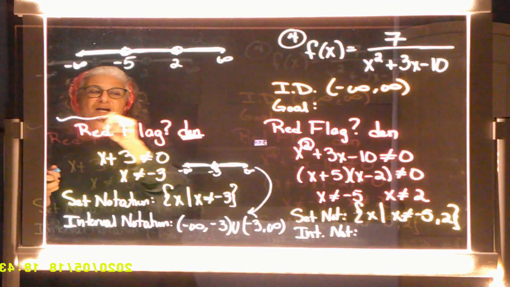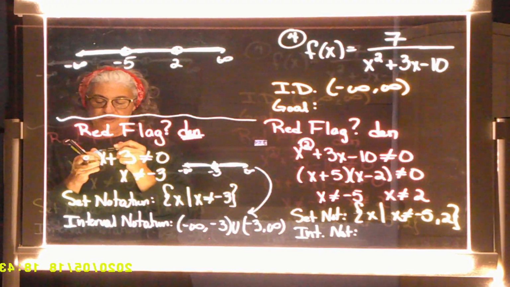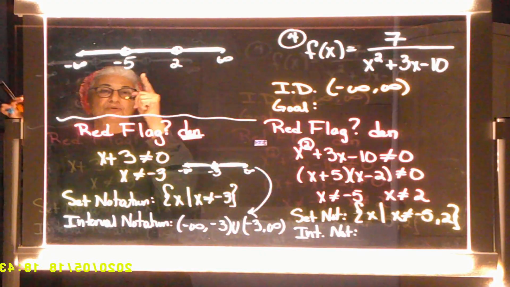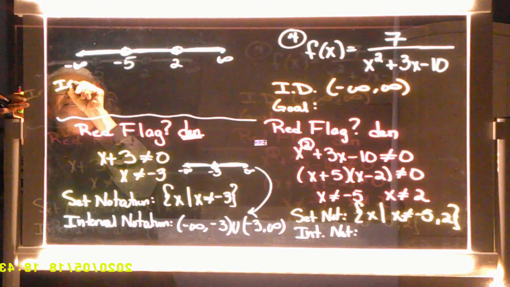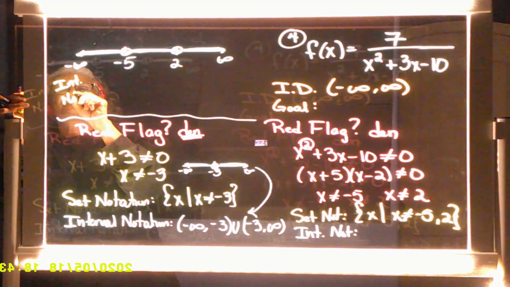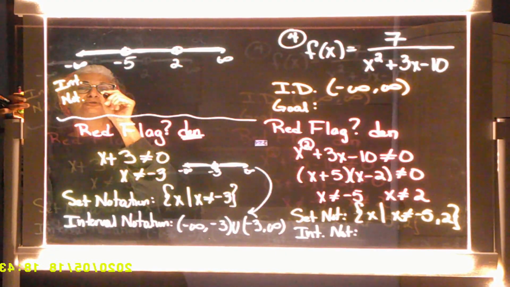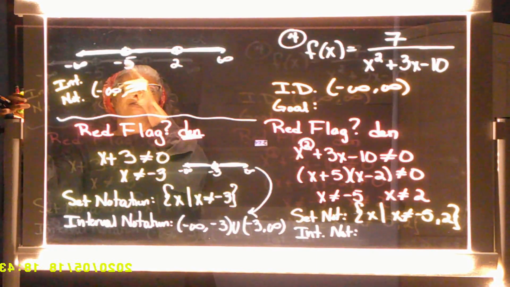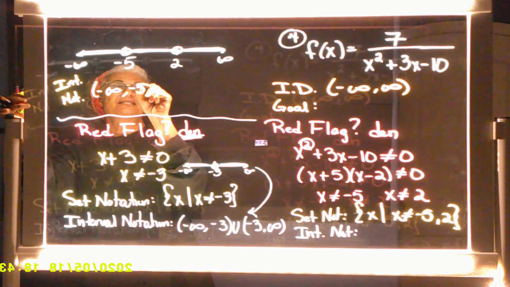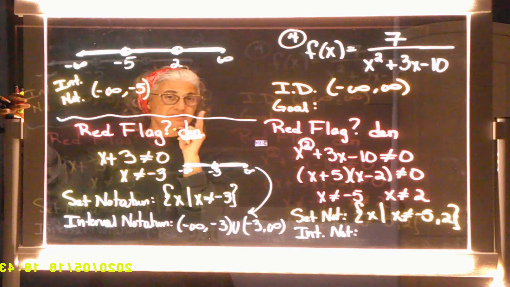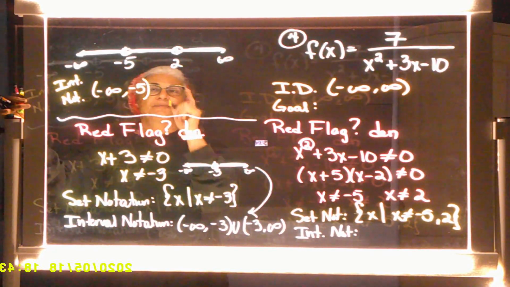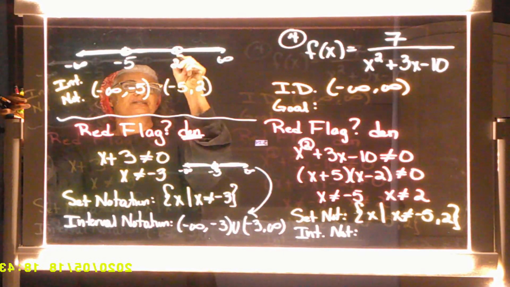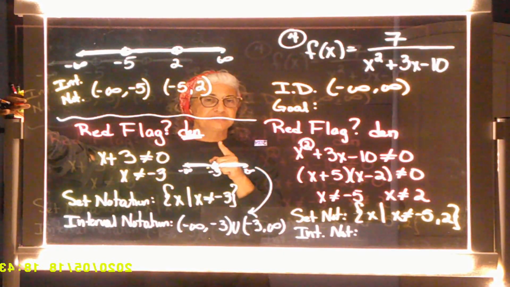So I'm going to write my interval notation up here underneath the graph so it's a little bit easier to see. So according to this graph, the interval notation answer is going to look like negative infinity to, good, negative 5, right? Because that's where the shading ended with a parenthesis because there was an open circle there. But then the shading picks up at negative 5 and it ends at 2 because there's another open circle, right?